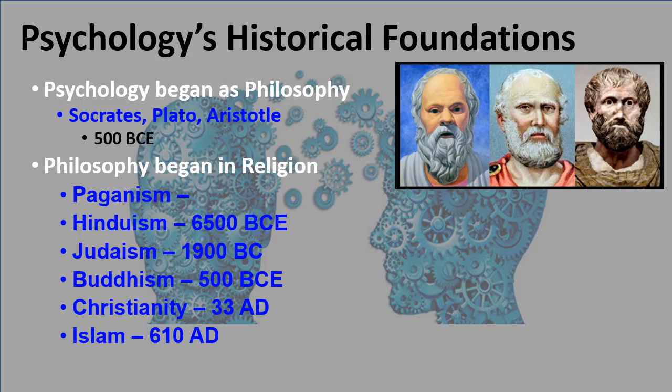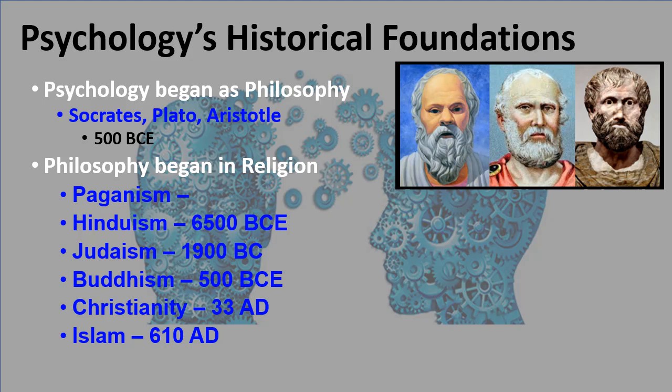So just briefly, it's been touched on before. Psychology kind of began with the philosophy of Socrates, Plato, and Aristotle, back to 500 years BC. And understand that philosophy began in religion. For lack of a better term, the original religion would be referred to as paganism, because they had different gods for many things.